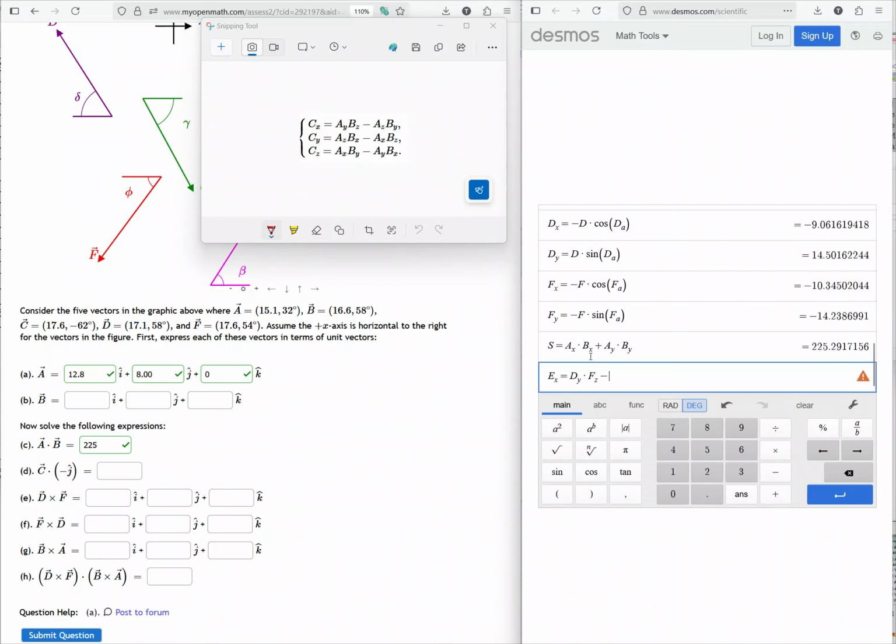So that's going to be 0. And then A sub Z is 0. So that's going to be 0. So here we immediately find out that it is equal to 0. So let's skip that. That's a wasted energy.